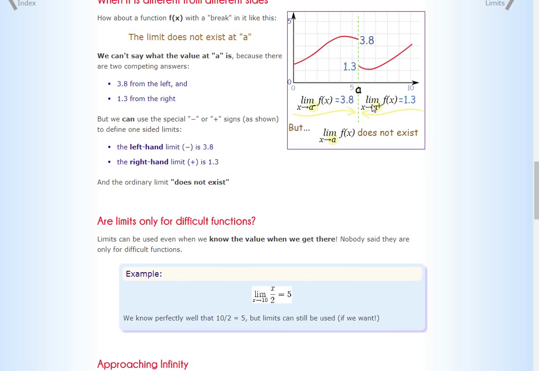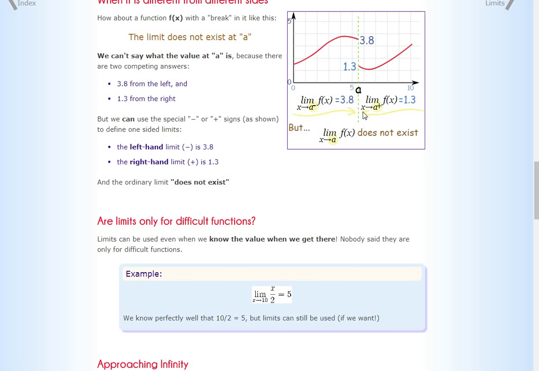The other symbol is the limit as x goes to a, and see how you have the plus sign as your exponent? So what do we think that means? If the negative is for the left, then the positive is for the right.